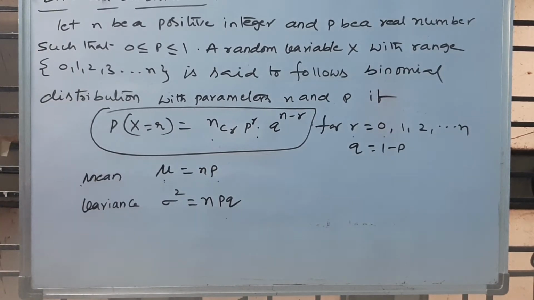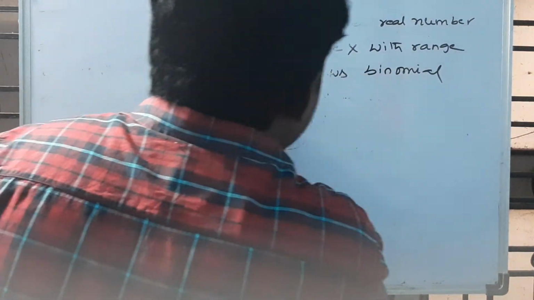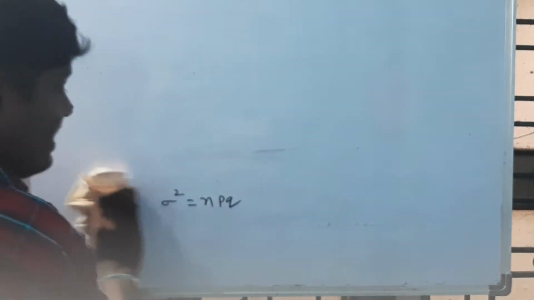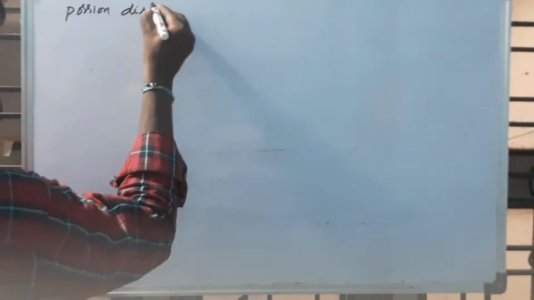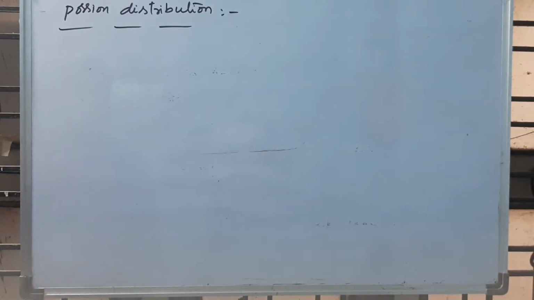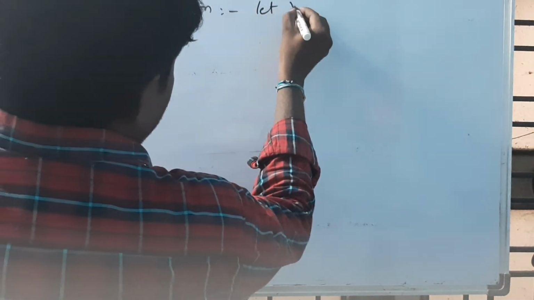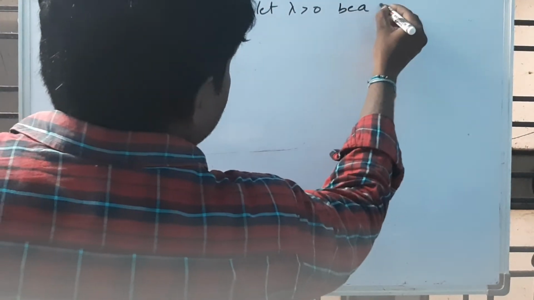Next is Poisson distribution. Let lambda greater than 0 be a real number.